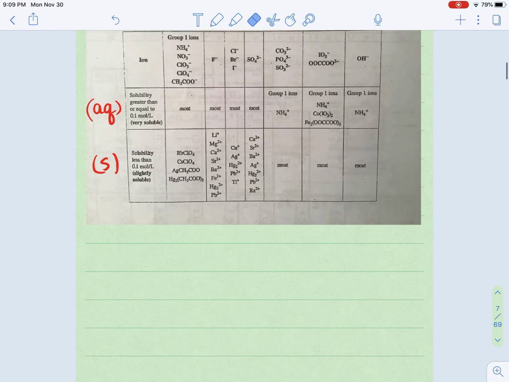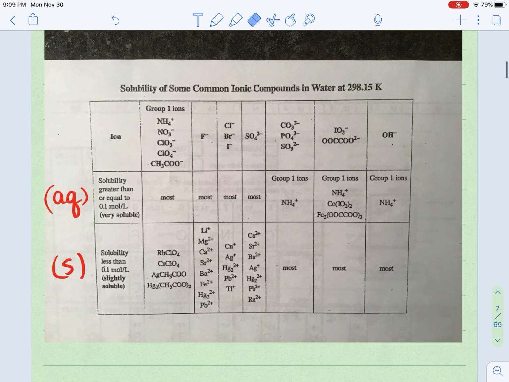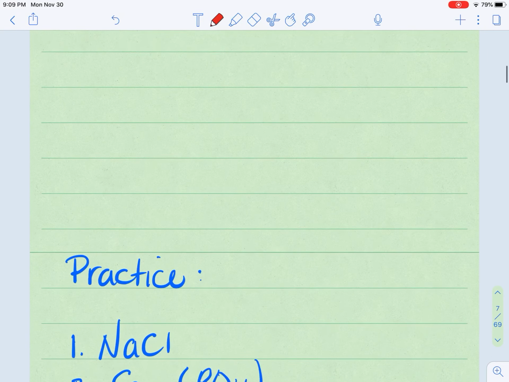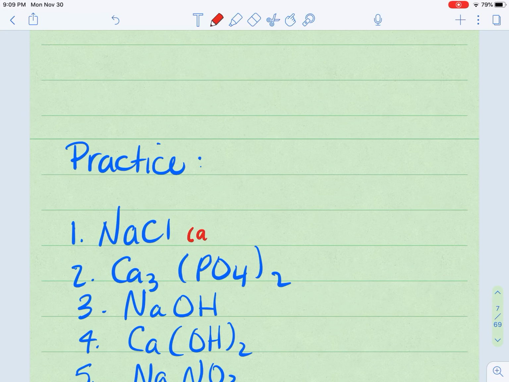So sodium hydroxide, the first one, looking at this chart, hydroxide ion here with sodium, which was a group 1 ion, would mean that it is going to be aqueous. So we go over here and we say this would have the state aqueous.